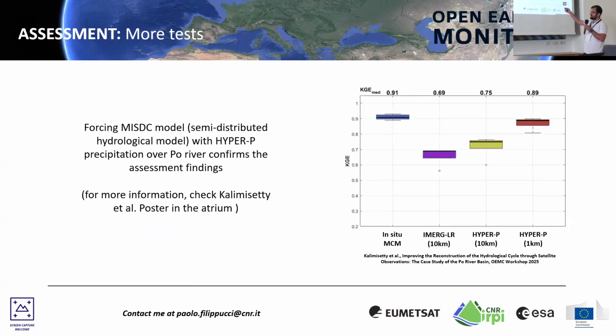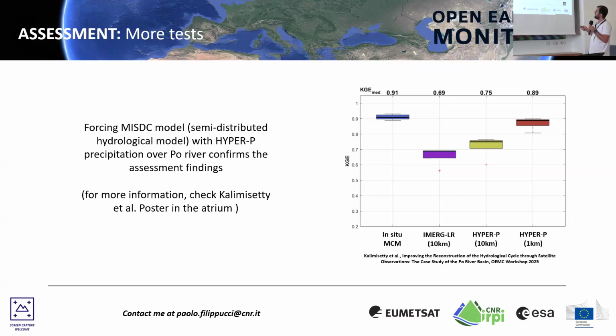We have also something in the atrium, the work from Carlo Misetti. She has applied a MISDc model, a semi-distributed hydrological model. They forced this model in the Po River Basin, first with the in-situ observation that we saw before, so radar plus pluviometers, obtaining very high KGE values.